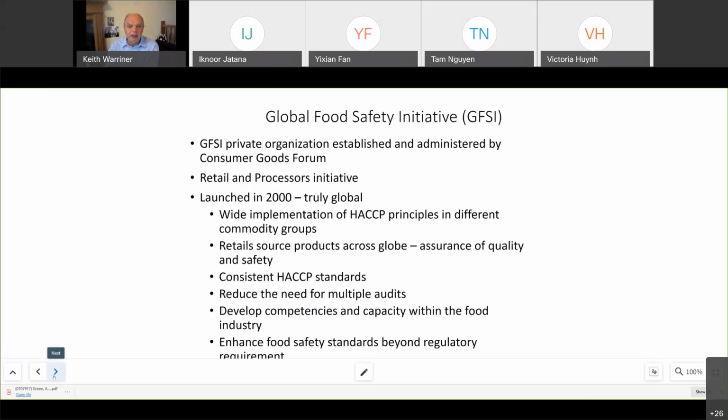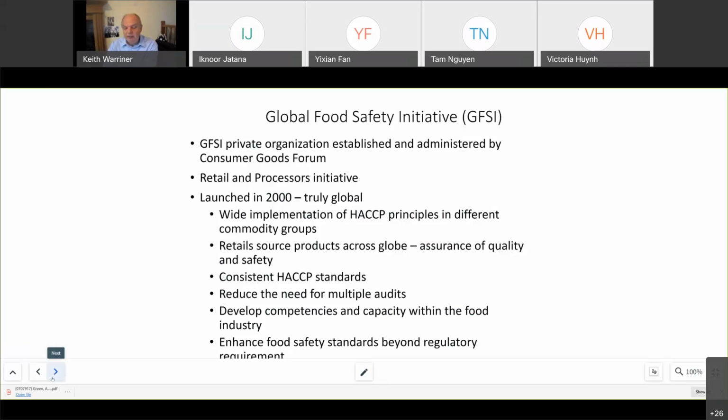Now they're not regulators, they can't make law, but they can make guidelines, and they can say, well, if you want to supply Walmart, you have to be GFSI certified or have recognition. So the initiative was to bring in a consistent HACCP standard, thereby reducing the need for multiple audits.